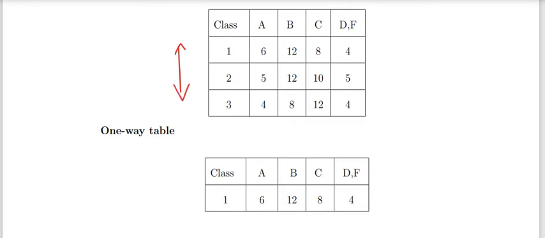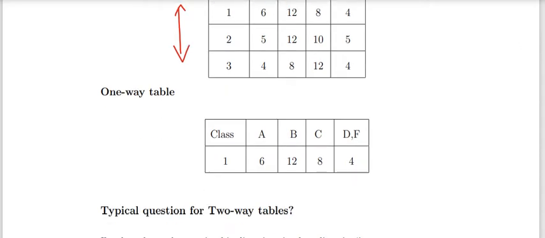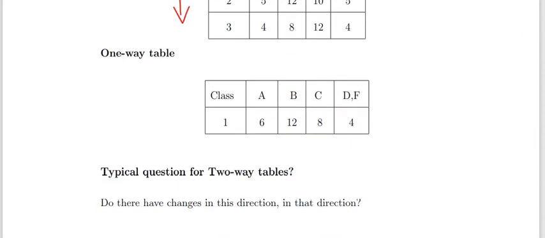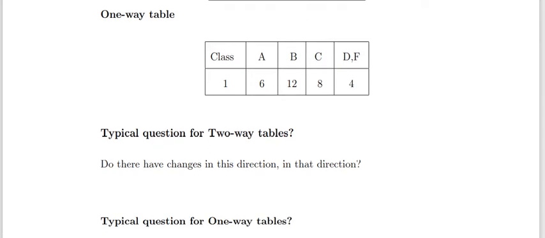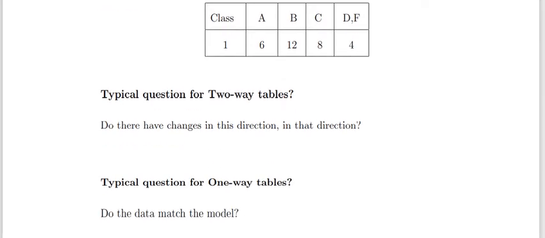For a one-way table, the typical question is: does the data fit the model? Do the data match the model? So we have data, and the model is our assumption, right?